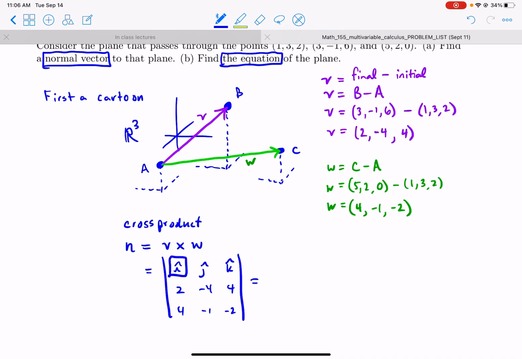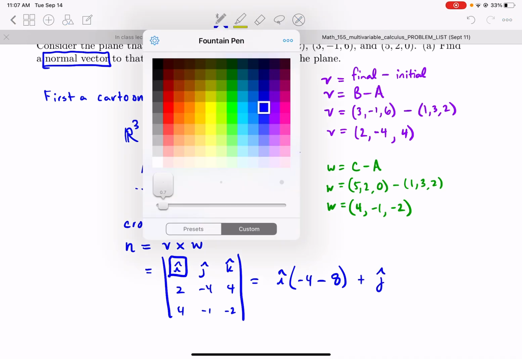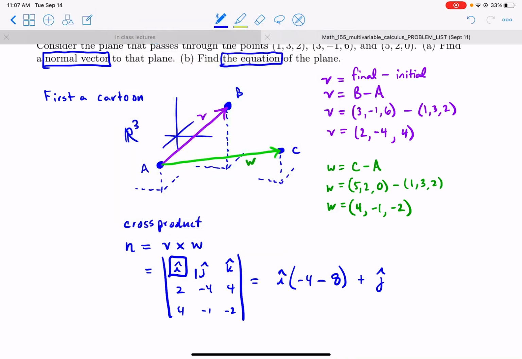And so one way to see this is the i hits these 2. Positive here, negative here. And so I have i hat times -4 minus 8. Plus, I have j hat times, okay, now what's j hat? Okay. These ones positive, so that's 16.